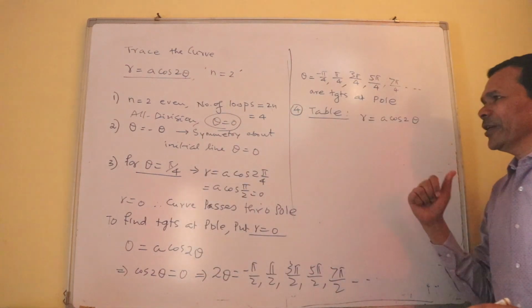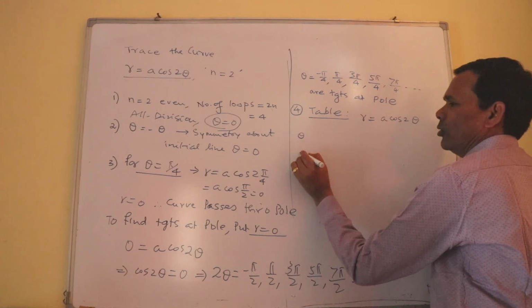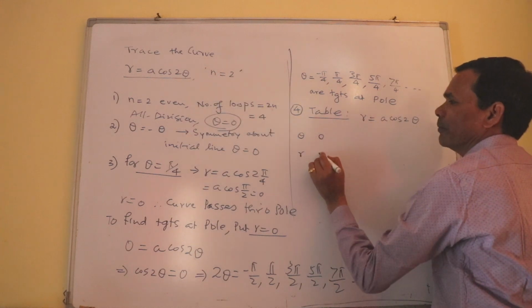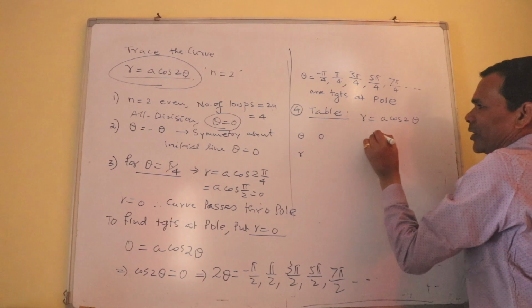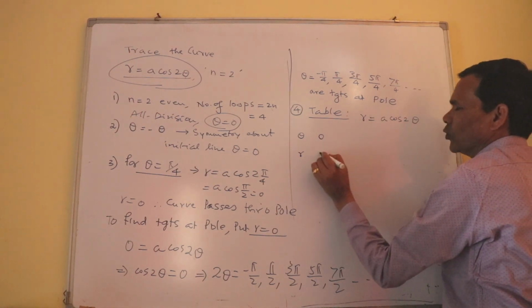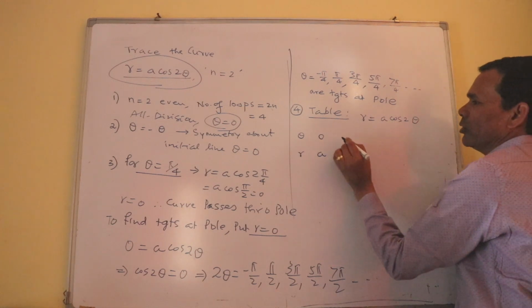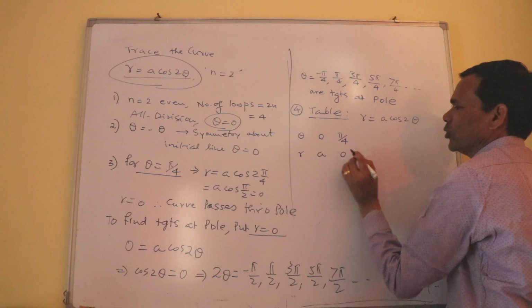From the table, for theta is equal to 0, cos 0 is 1, so r is equal to a. Now theta is equal to pi by 4, then r becomes 0.